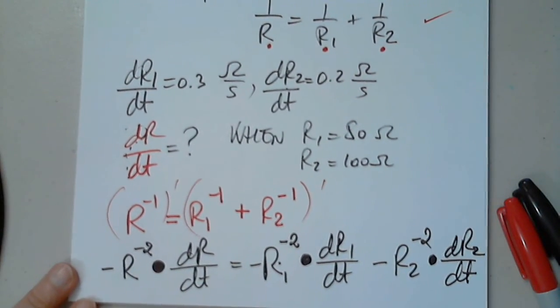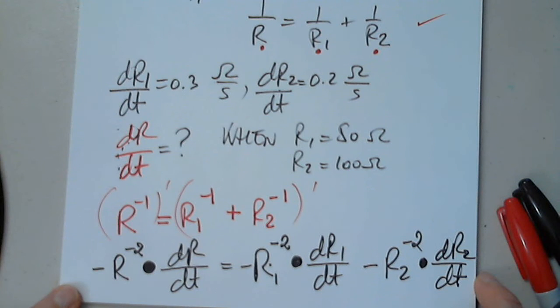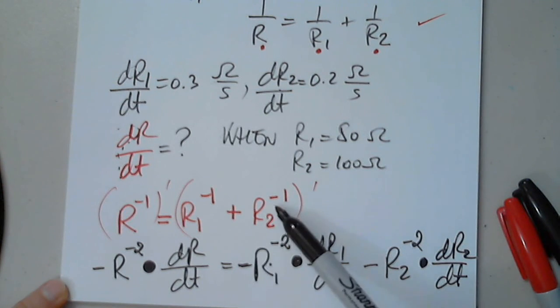Isn't it plus? I'm sorry. It was like a positive sign. I couldn't hear you. Can you say it again, Victoria? Isn't that plus, not minus? No, like before the R2, yeah. You mean from here? Oh, you're right, sorry. Is that okay?